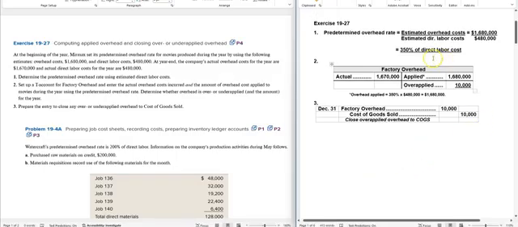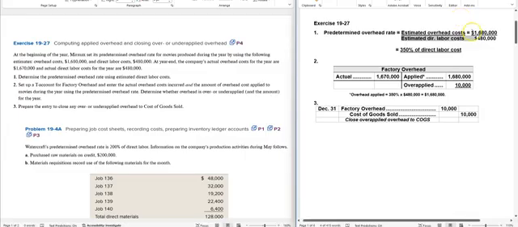So our formula for the predetermined overhead rate is to take the total estimated overhead cost and divide by whatever it is that the company has identified as driving their cost. So they are using direct labor cost as detailed in the problem.